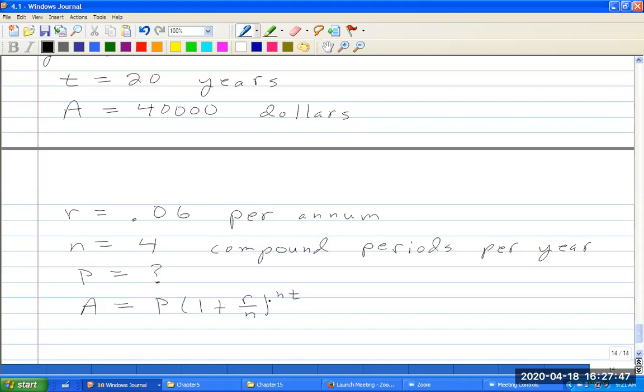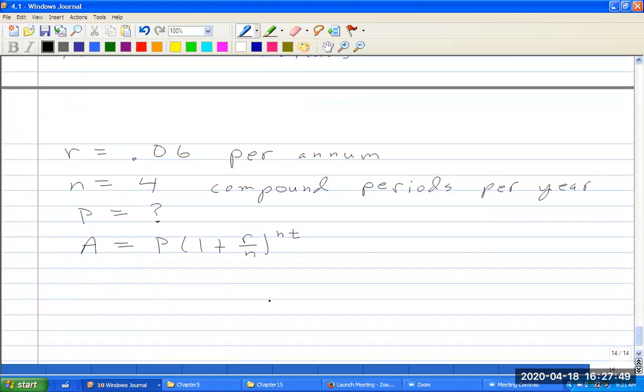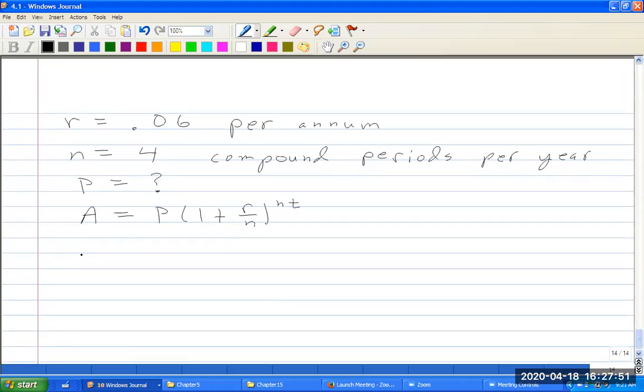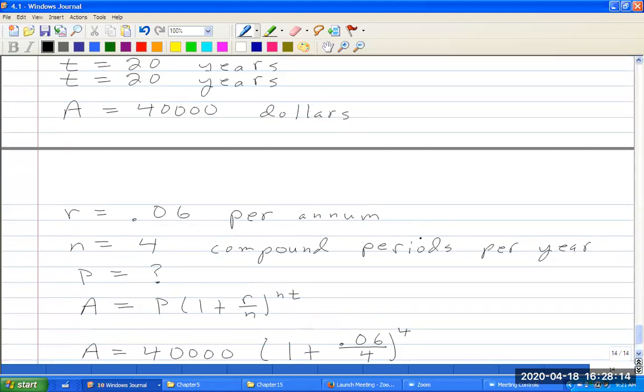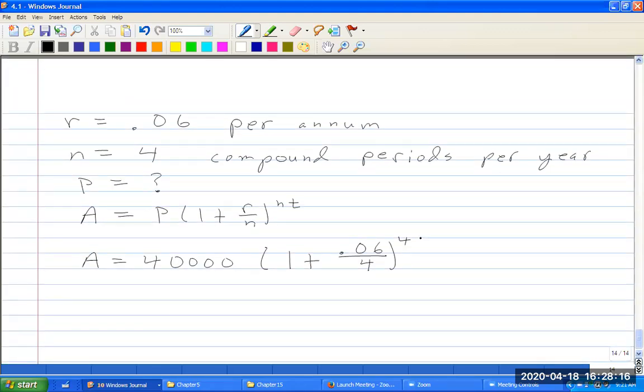So the amount is 40,000, 1 plus R, 0.06 over N, 4. Was it 20 years? And then T was 20.